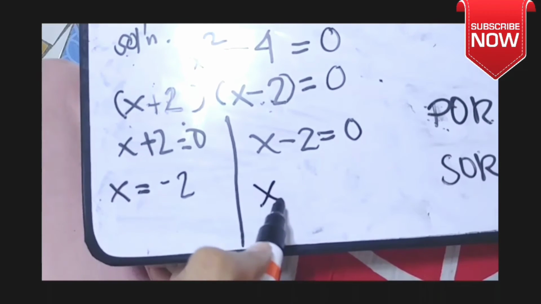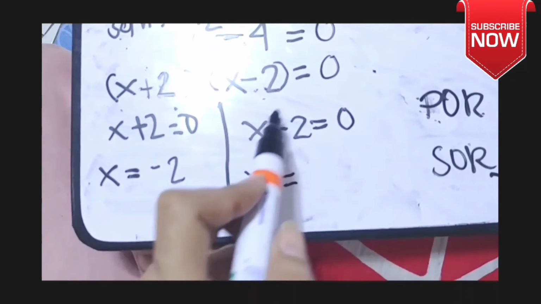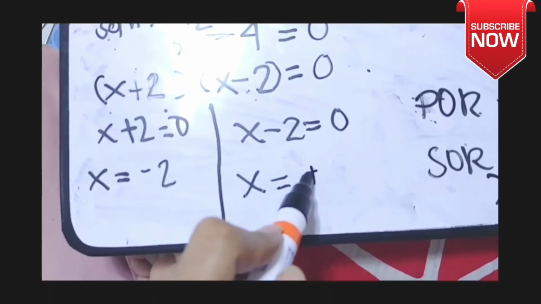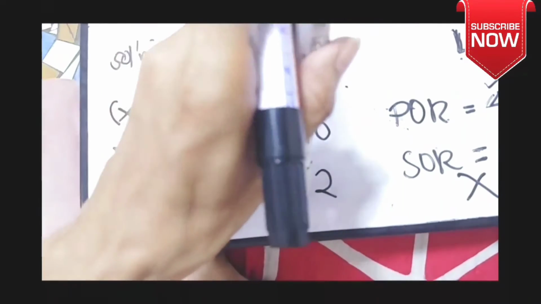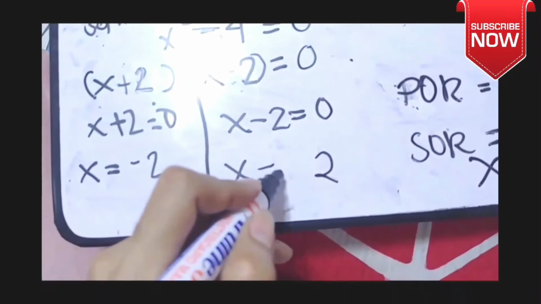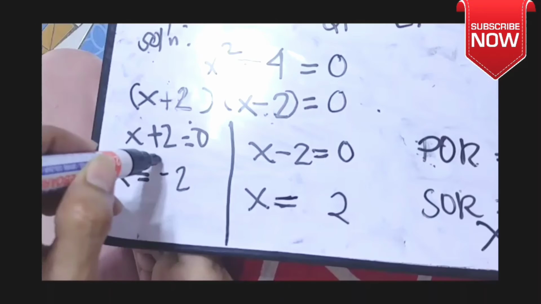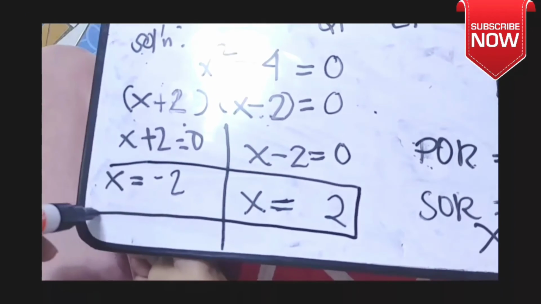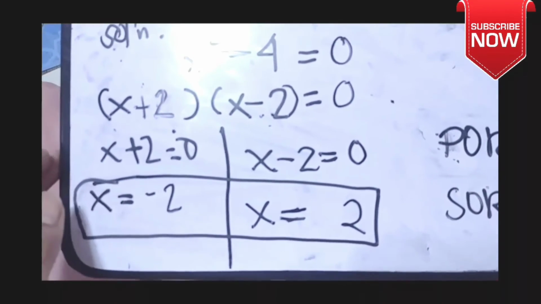Dito naman sa kabila, x is equal to, transpose natin yung negative 2, magiging positive 2. But positive 2 is still 2. So, hindi na natin kailangan isulat yung positive. Therefore, may conclusion na tayo na ang value ng x ay negative 2 and 2.